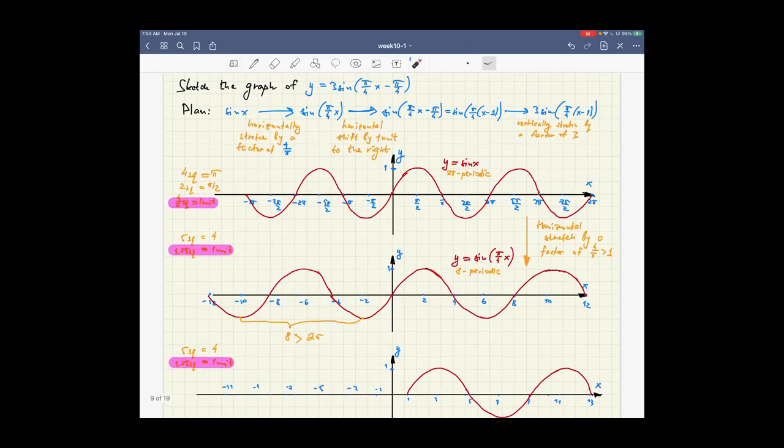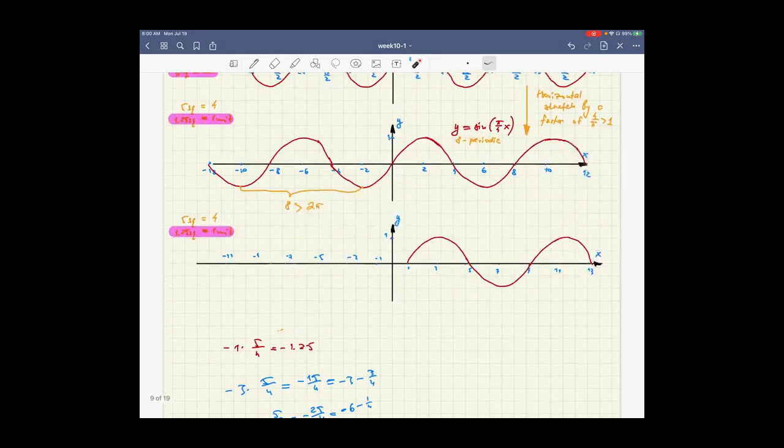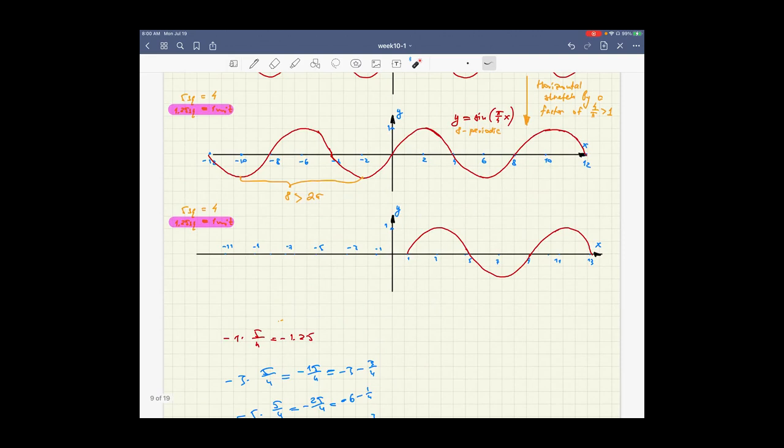Now the value at 0 of this function. When x is 0, we get sine of pi over 4 times 0 minus pi over 4, so that's negative root 2 over 2. A difficult value to graph, so we will not pay attention to it.